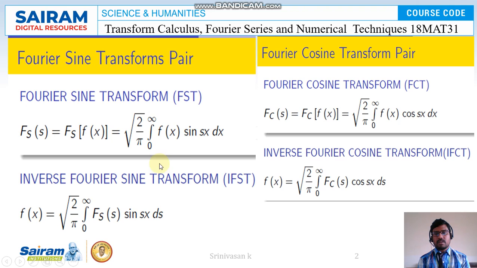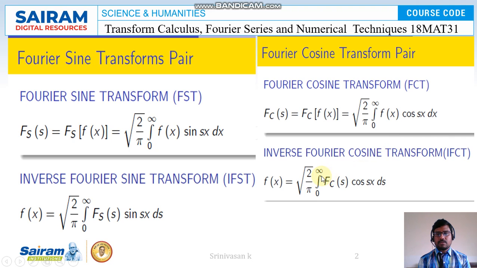As well as the Fourier cosine transform formula: F_c of f(x) is the notation for the Fourier cosine transform of f(x), that is root 2 by pi, integral 0 to infinity, f(x) cos(sx) dx.